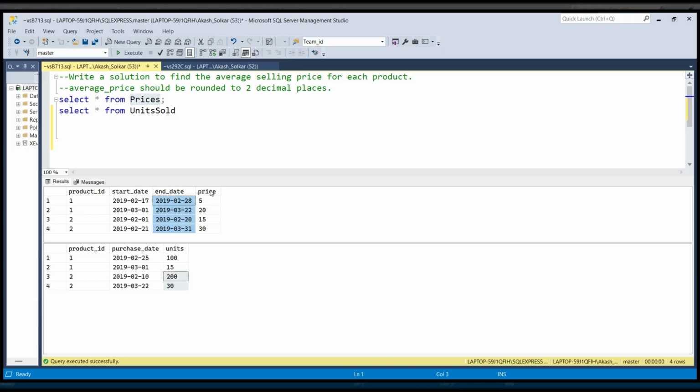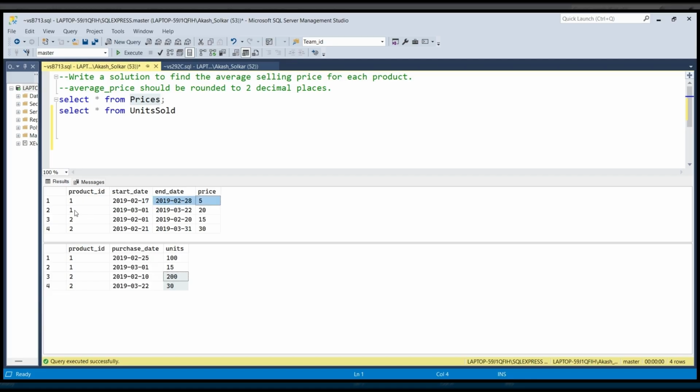If you see the first record, the product ID is 1, and they have given the start date and the end date. So product ID 1, from the start date of 17 Feb to the end date of February 28th, the price is 15.